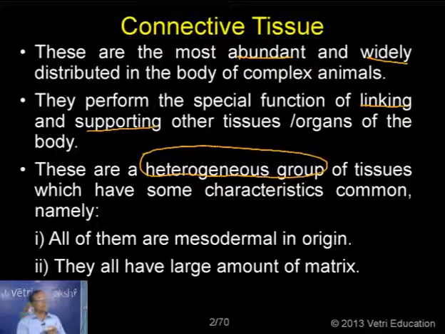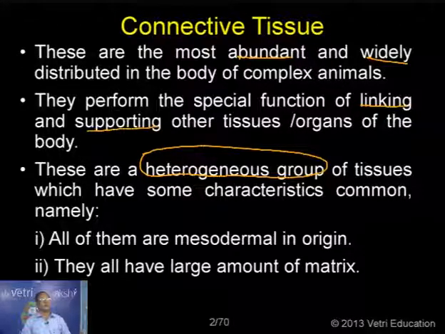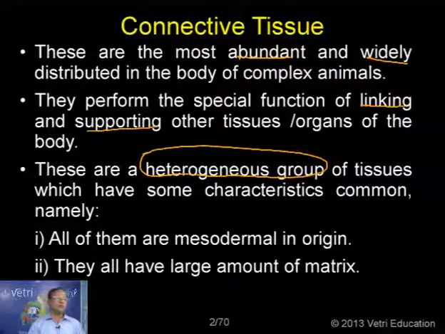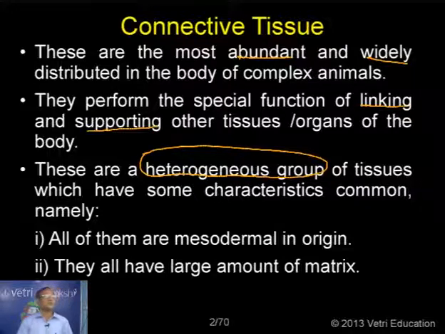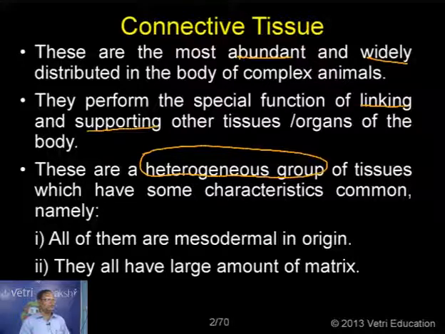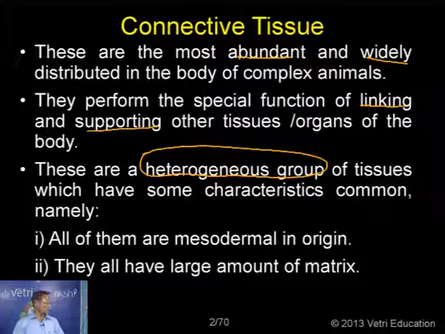Under this category, some tissues normally have similar cells, but in most cases the connective tissue is formed of different types of cells. Hence the name heterogeneous group. Homogeneous, for example, epithelium, is formed of similar types of cells. When we use the word heterogeneous, that refers to tissues formed of different types of components.